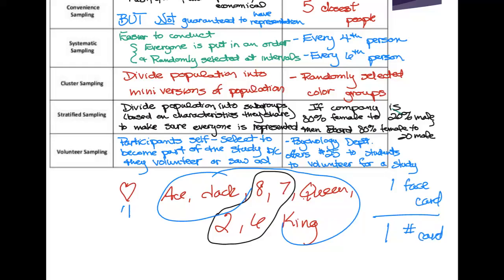Because here it is 4 to 4, which simplifies to 1 to 1. Okay? So if I wanted to put these together, I would say, okay, I need a black face card and a black number card. I need a red face card, a red number card. Then I would do the other black suit, a black spade face card. That would be stratified. Okay?